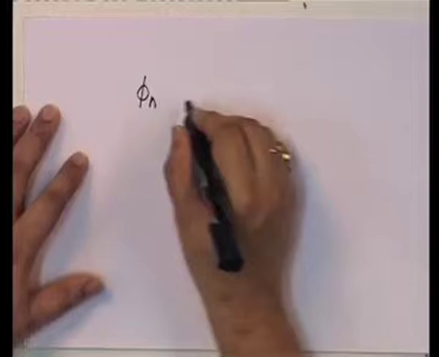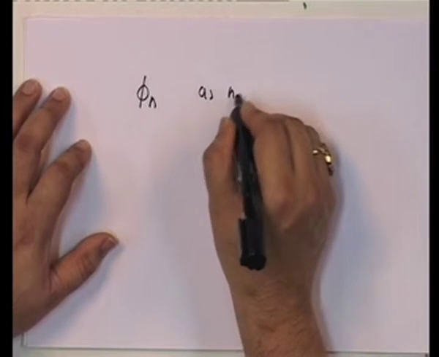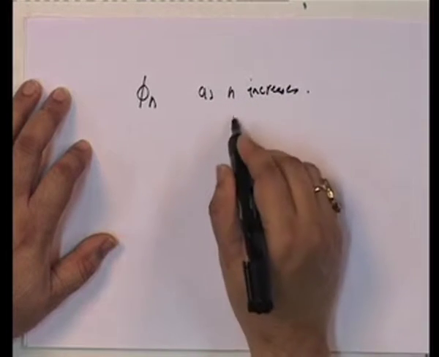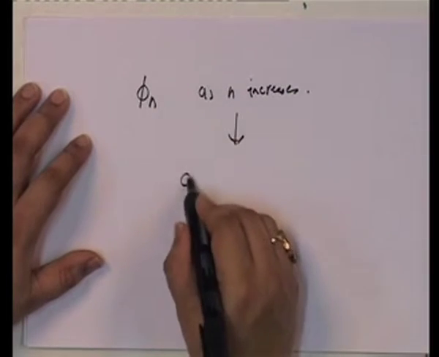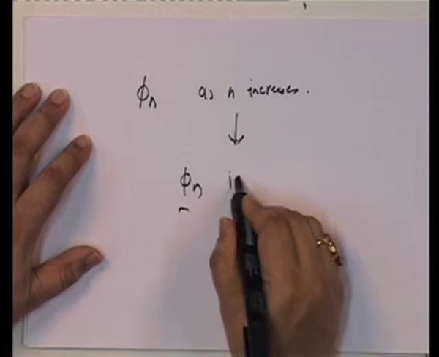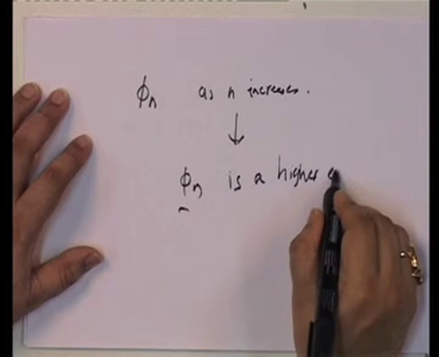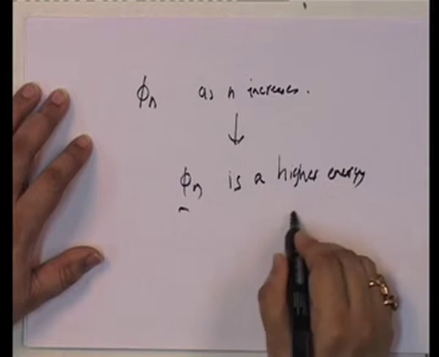But loads are typically of a form such that if you look at phi n, as n increases, what happens? The phi n is a higher energy mode.